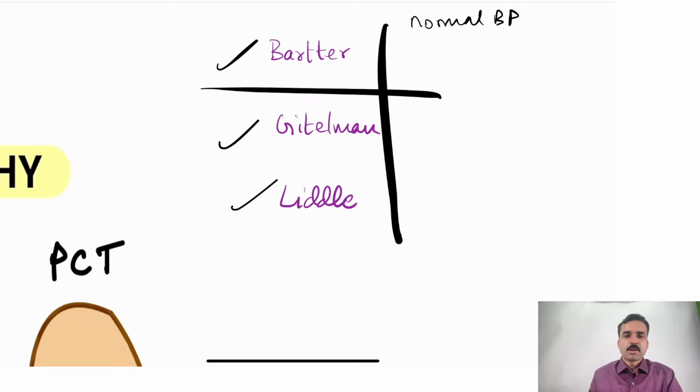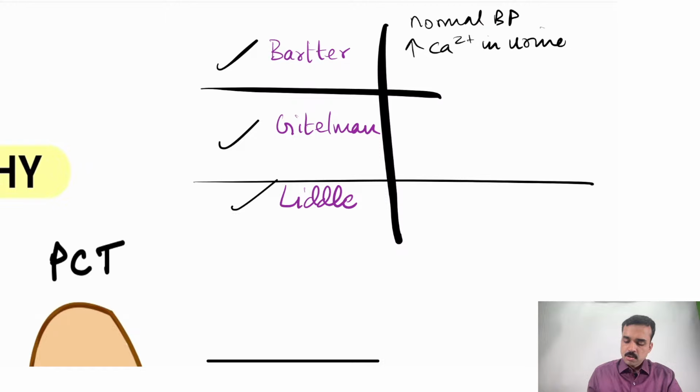And they will have metabolic alkalosis, and they will have hypercalciuria, calcium in urine. Whereas Gitelman's, they will also have normal BP, they'll have metabolic alkalosis, and they will have hypomagnesemia rather. Magnesium levels are also low.